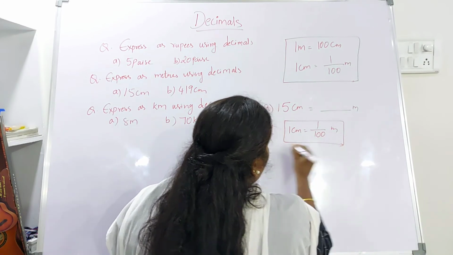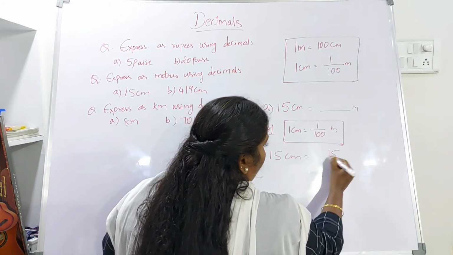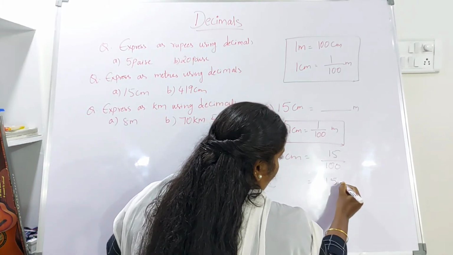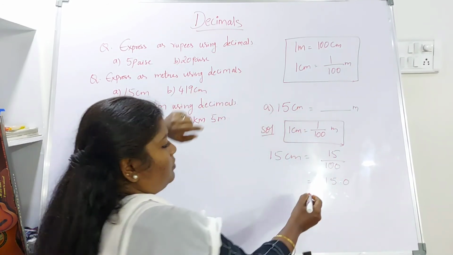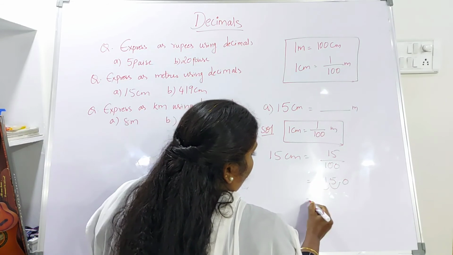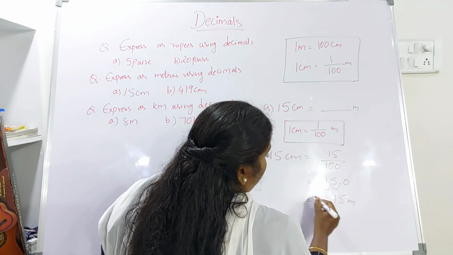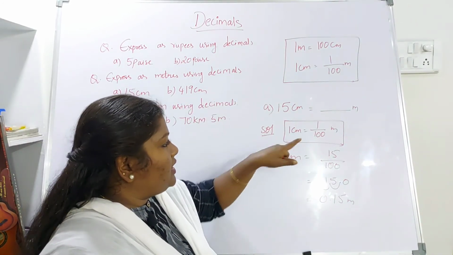So divide this 15 centimeter, that is 15 by 100. Now 15 in the sense it is 15.0. Now here you have 2 zeros. So the point will be shifting 2 places and you are going to get 0.15 meter.